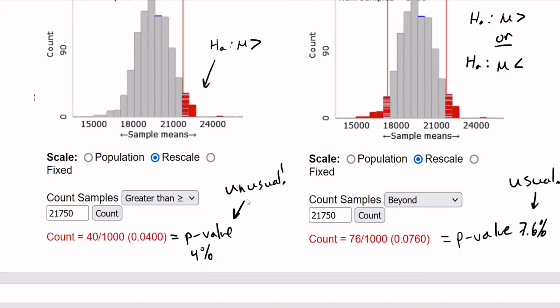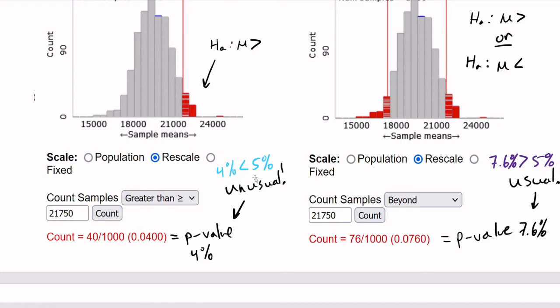Smaller than 5% is unusual. But usual over here, this changed. 7.6 is bigger than 5%. So I didn't quite get you enough evidence to go for the alternative in the two-sided case, but in the one-sided case, I did.